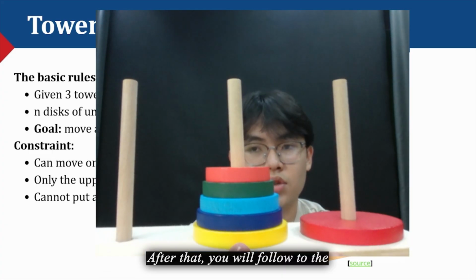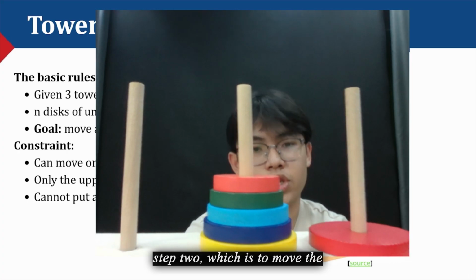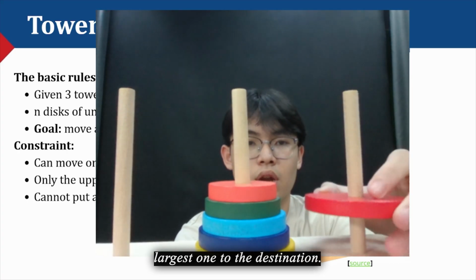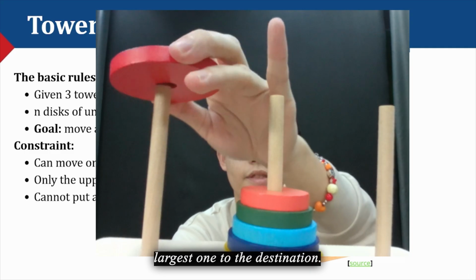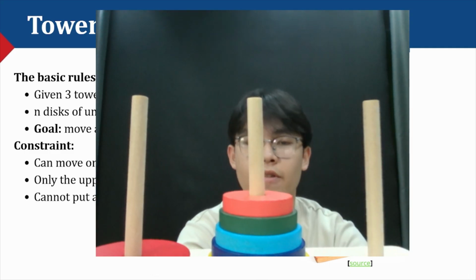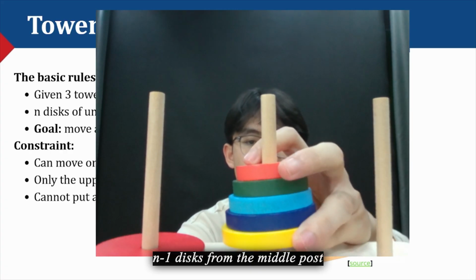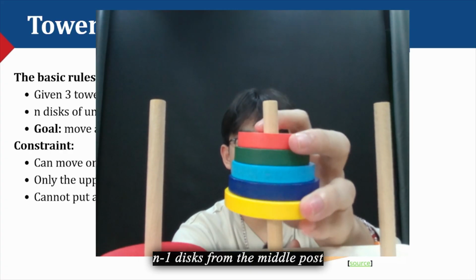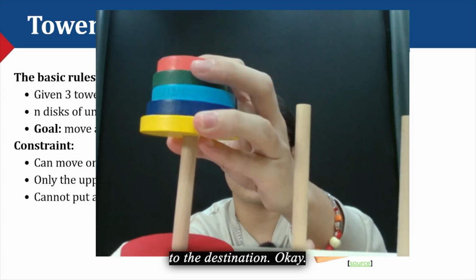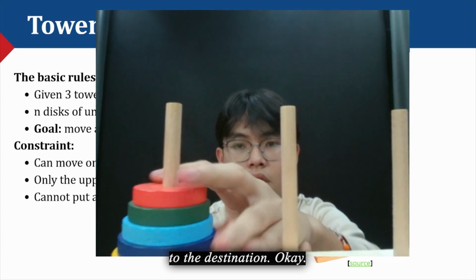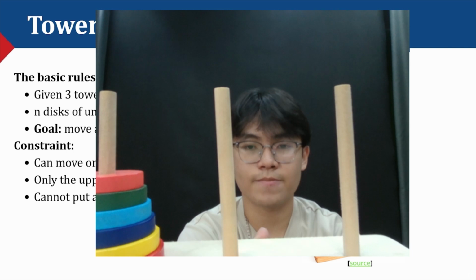After that, you follow step 2, which is to move the largest one to the destination. And finally, you just need to put the n-1 disks from the middle post to the destination. Okay, so now you have done it.